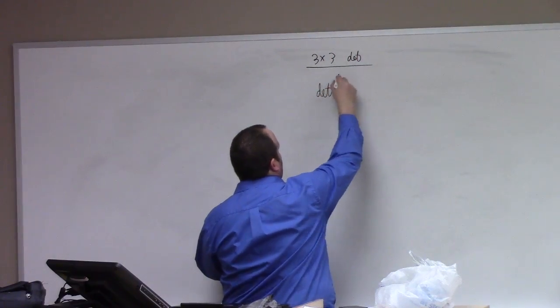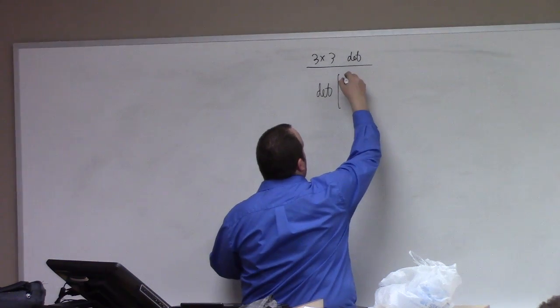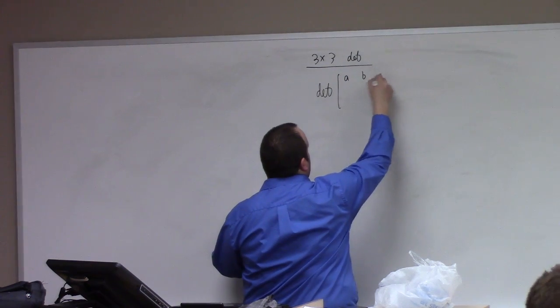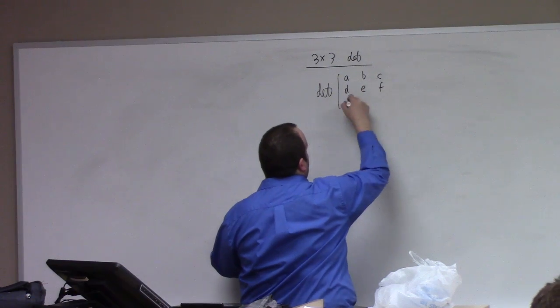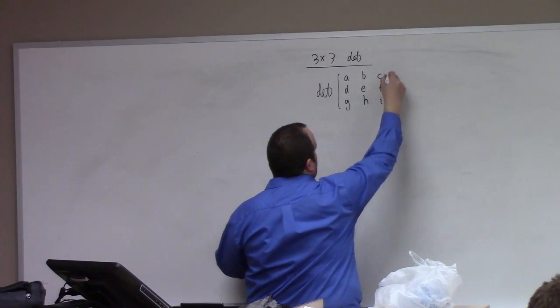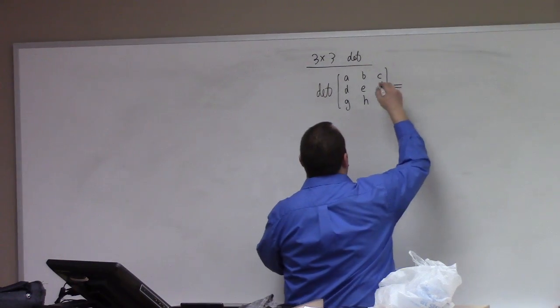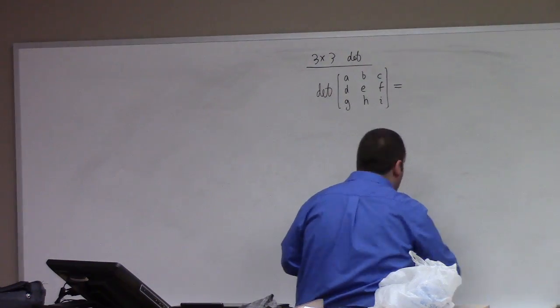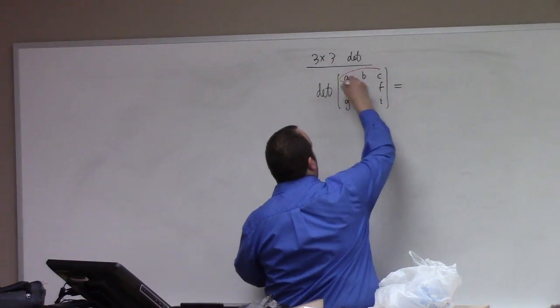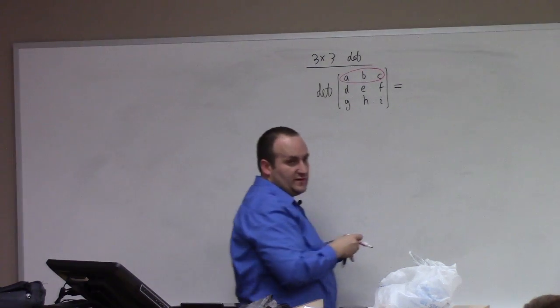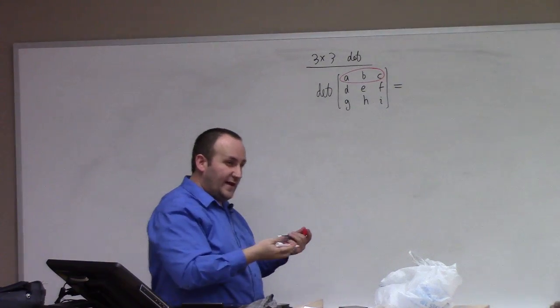I'll show you the definition by cofactors. So we'll do A, B, C, D, E, F, G, H, I, for lack of imagination. And this we can define a couple different ways. This right here is the top row. So I'm going to do what's called the expansion by cofactors on the top row.